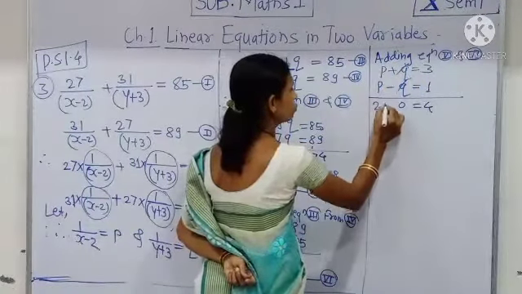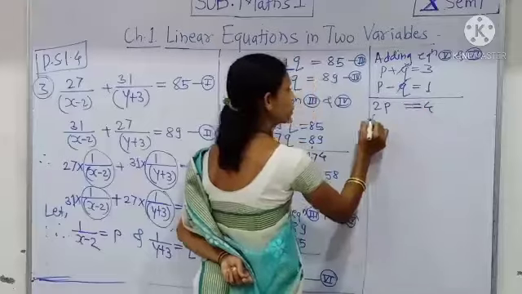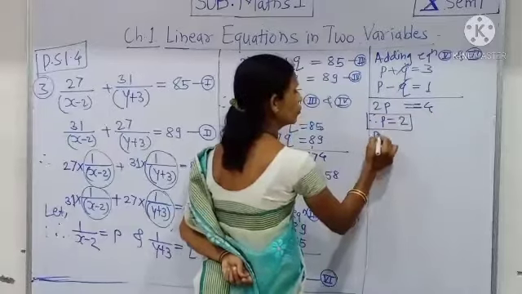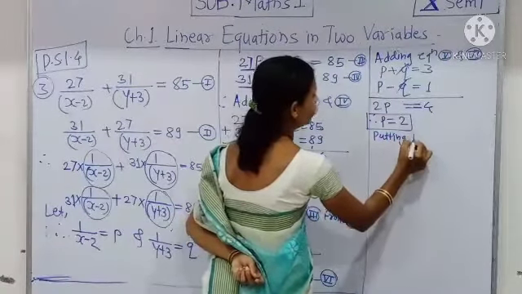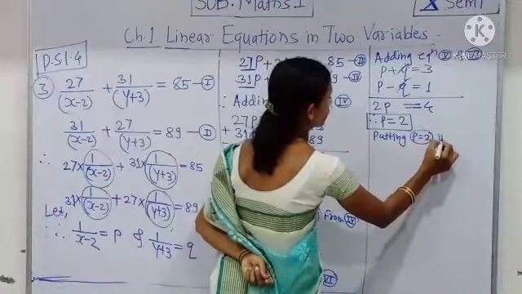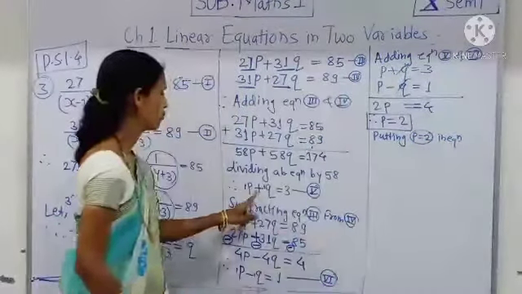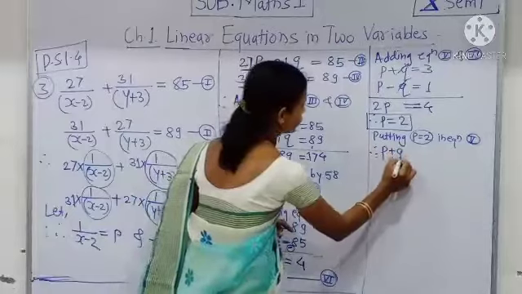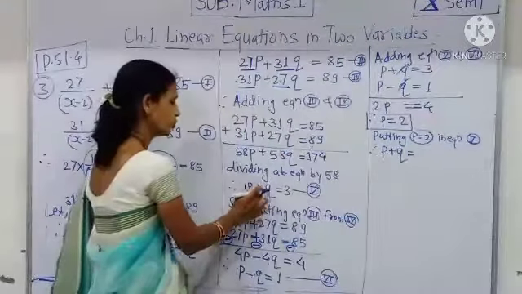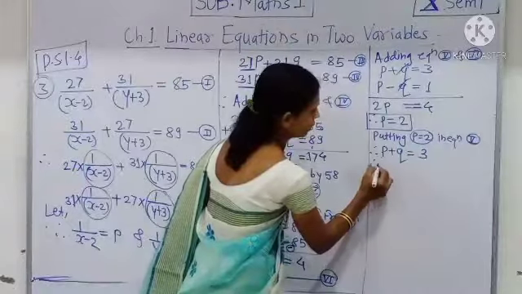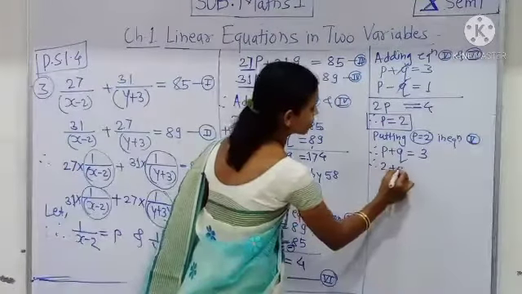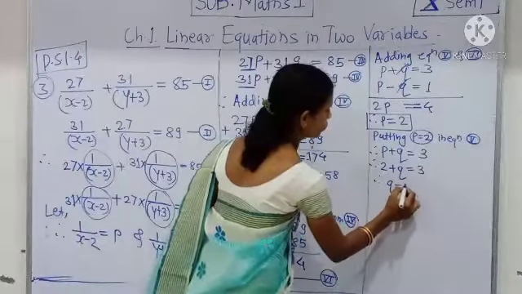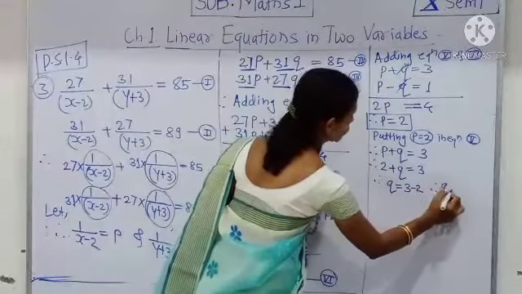P plus p, that is 2p, is equals to 4. Therefore, p is equals to 2. Then putting the value of p is equals to 2 in equation number 5, p plus q is equals to 3. Therefore, 2 plus q is equals to 3. Therefore, q is equals to 3 minus 2, so q is equals to 1.